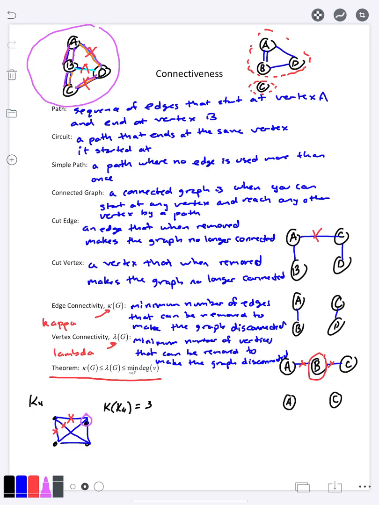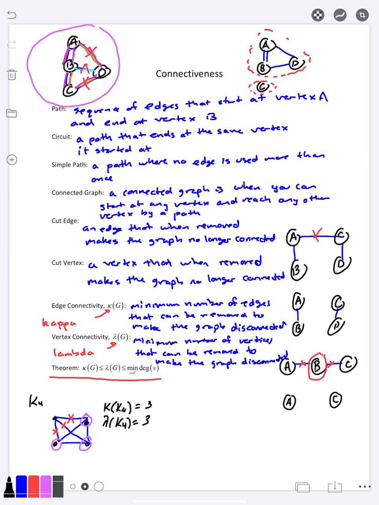In fact, the other three are going to be a K3 graph. And if you remove a second one, still going to be the case. Only when you remove 3 do you have a single point there. And so for this one, my lambda of K4 is 3.